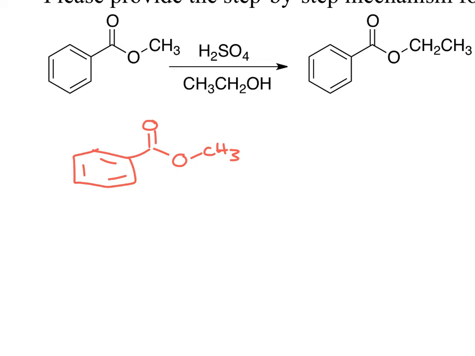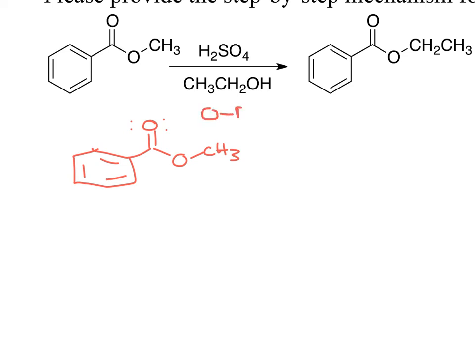CH3. And we're under acidic conditions in ethanol. So the first step, if we're under acidic conditions, is that this is going to be protonated.